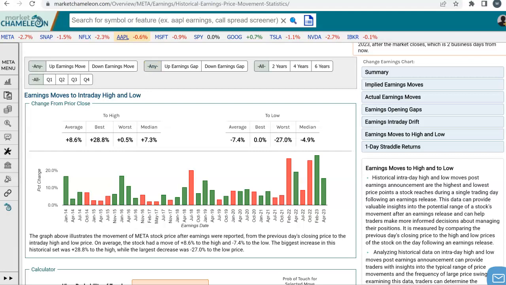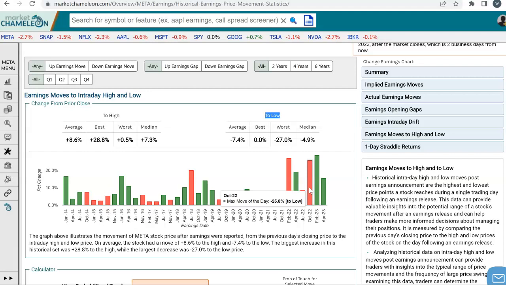We divided it up into two sections: one is to the high of the day, and one is to the low of the day. These bars show the magnitude of the move. The green bar tells us the move was to the high, and the red bar shows the move was to the low.